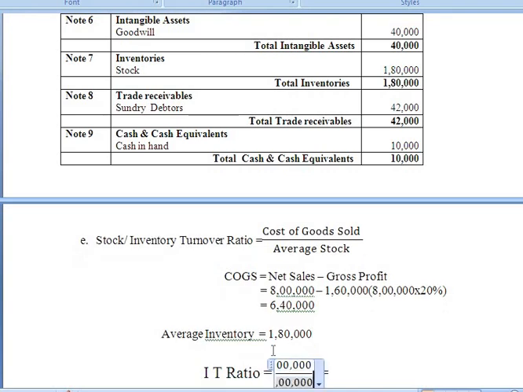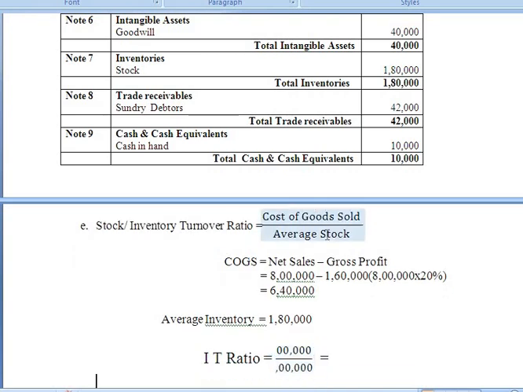Now put both the values in the formula. Cost of goods sold is 6,40,000. So right here 6,40,000 divided by how much is the amount of average inventory? It is 1,80,000.